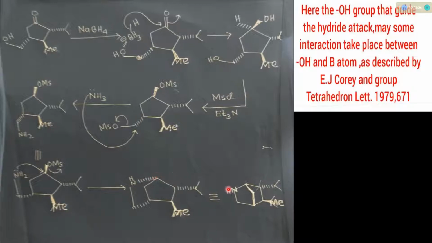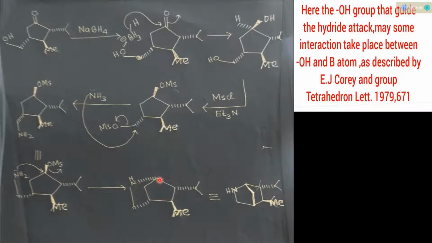So formation of a 5-member ring is the driving force, and also since the nucleophile is present within the molecule itself, the nucleophilic substitution occurs at this secondary carbon. In the earlier case substitution occurs via intermolecular fashion, in this case it is intramolecular.